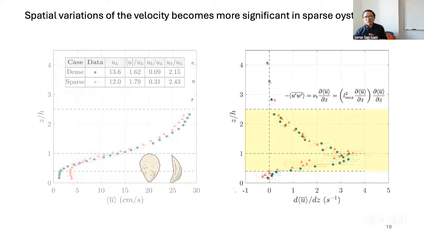One thing that you can notice in this area is that it's larger between 0.4 and 2.5. And this region corresponds to the region where the shear stress, the Reynolds stress, is important. It is important for the mixing length because the velocity gradient is part of this mixing length approximation.